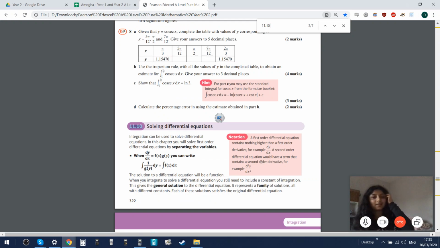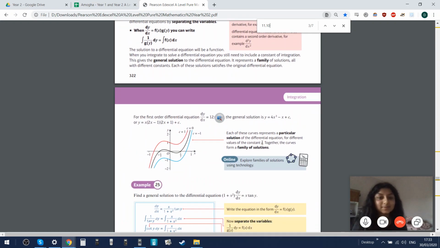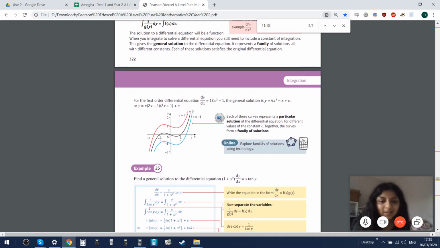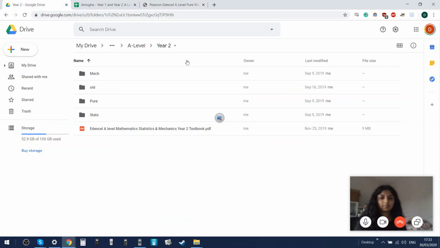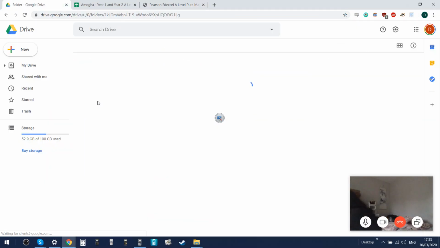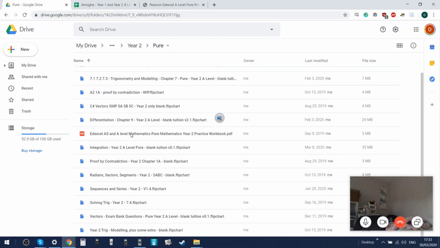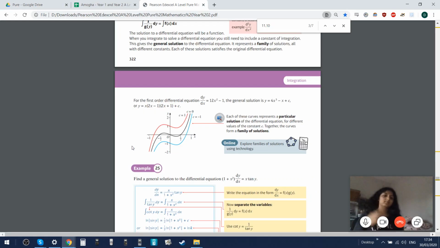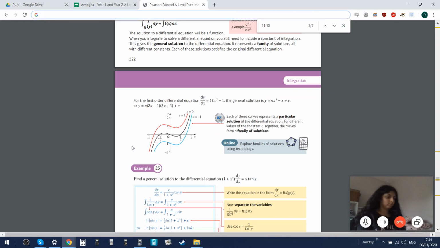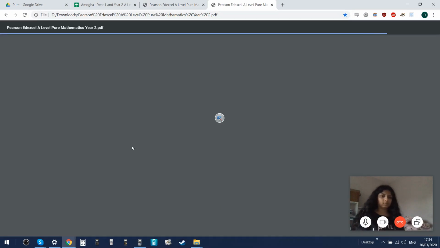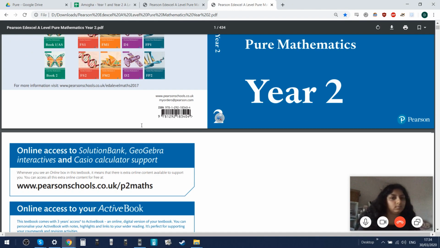Solving differential equations. Sure. This is chapter 11. Let me just check. In mine it's chapter 11. I might just have this already.